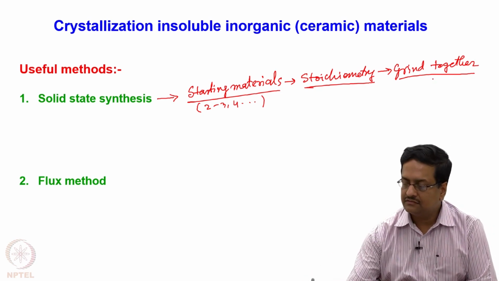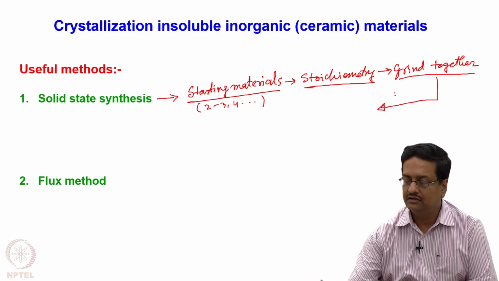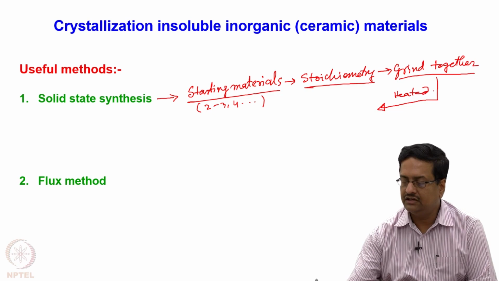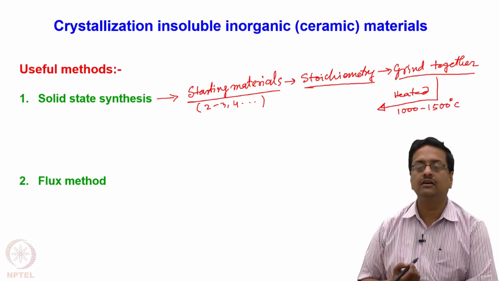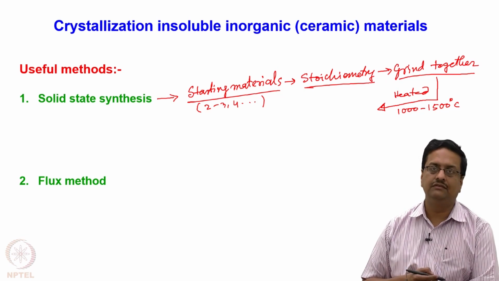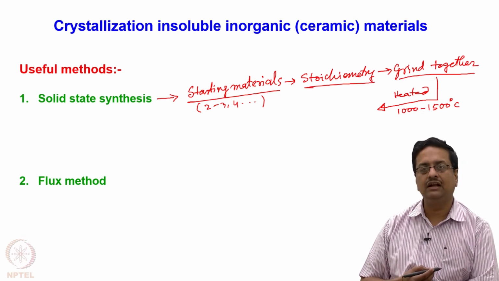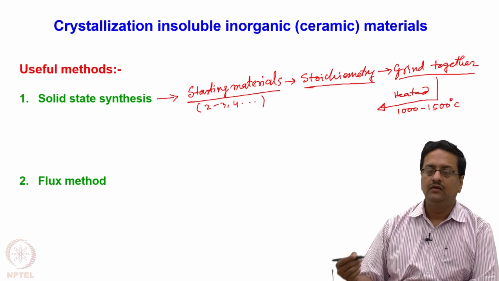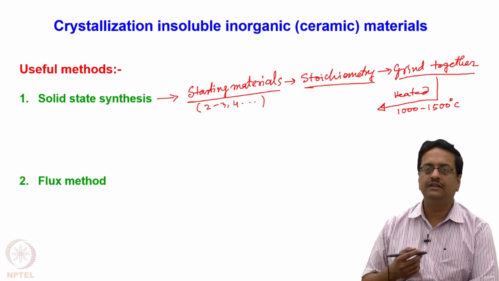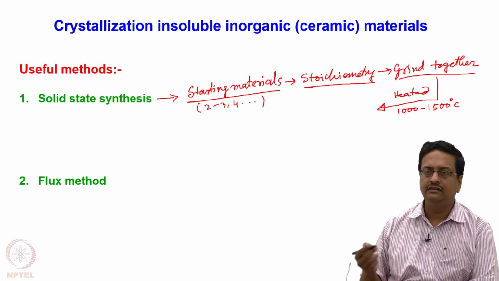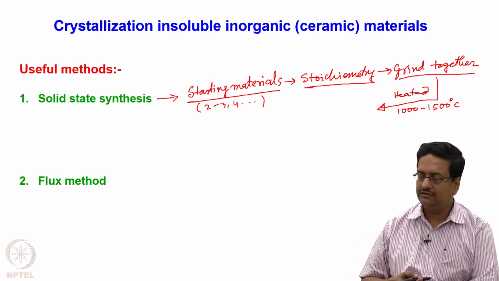And then this powdered mixture of starting materials is heated in a furnace at about 1000 to 1500 degrees centigrade, depending on what kind of starting materials we have used and depending on their melting points. When these starting materials are heated at such an elevated temperature, all of them melt and then they start to interact.